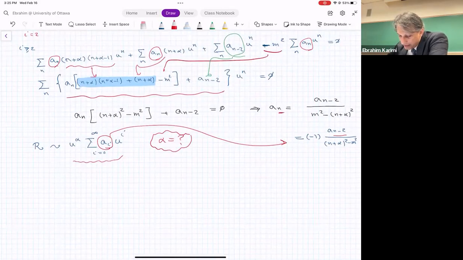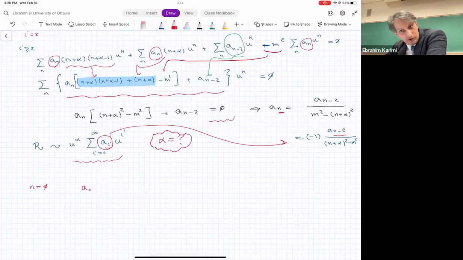So look at the case when n is equal to, or i is equal to 0. The same relationship applies here, because if you go back and look at the calculation, it is exactly the same. If n is equal to 0, then you will get A0, that is 0 by default, okay? That is equal to 0. All right?